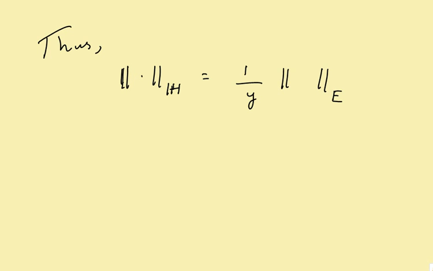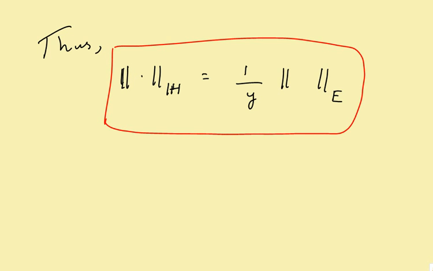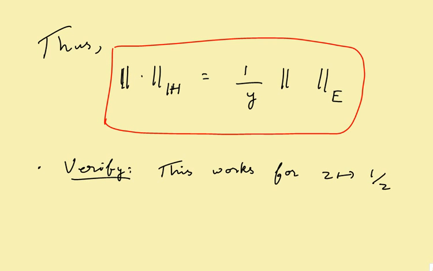This is the big formula we have deduced. Let me just recall the steps that were involved in deducing this formula. We just looked for a metric of this form. We should verify that this works. And what should we verify? For z goes to minus 1 over z as well. So this is the exercise to end this little screencast.